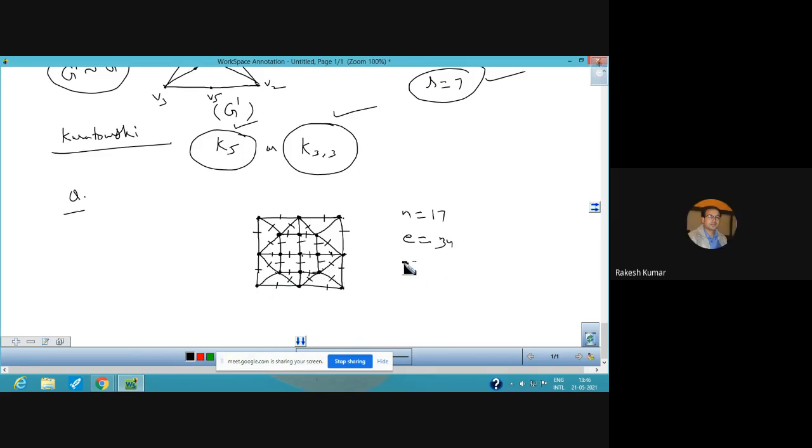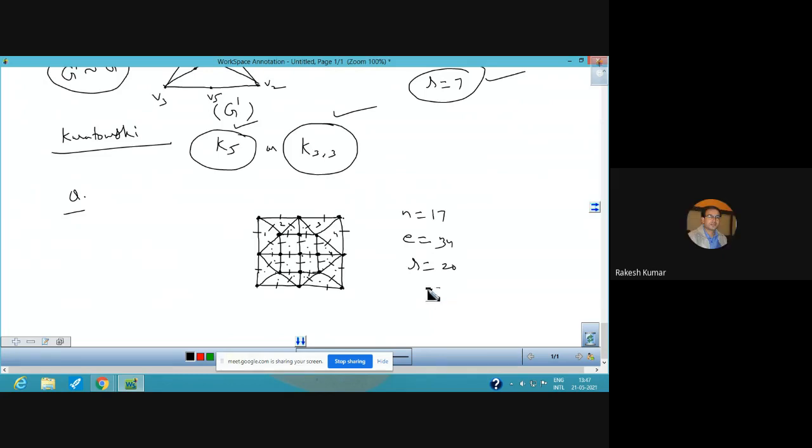Now count the number of regions here. 1, 2, 3, 4, 5, 6, up to 18, 19, and 20. 20 regions are there.